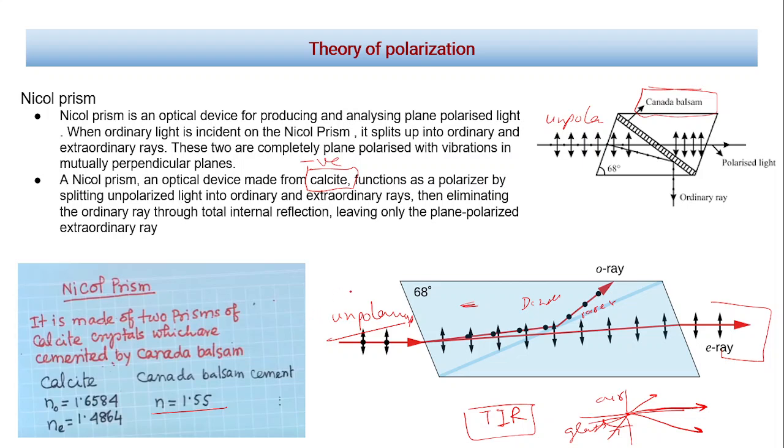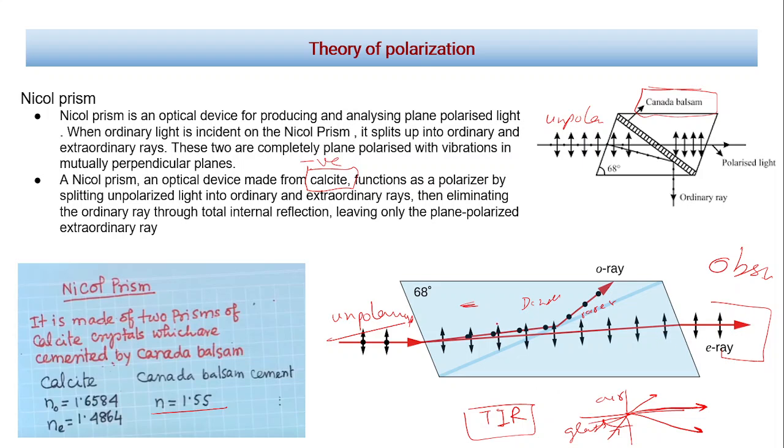So if the observer is here, he or she will see that the incident was unpolarized, and the output is this pi polarized ray, which is the E ray. So this is what we get out of a Nicol prism.